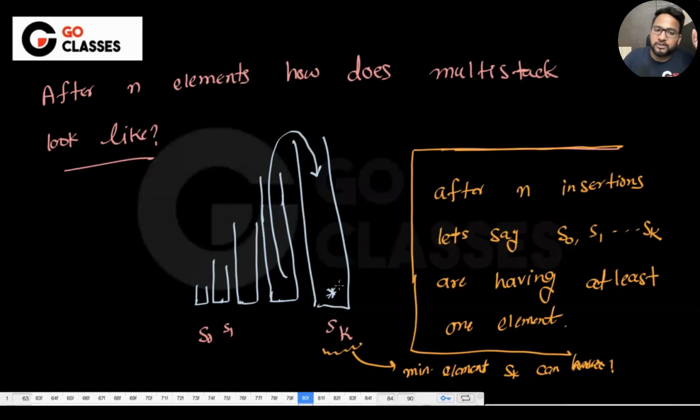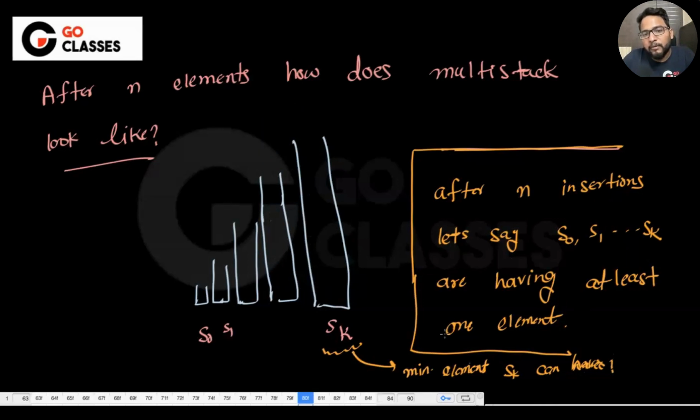So you must not have transferred this one element. So there is no chance that you can have just one element here. The only way you can have one element is if you transferred this element from here to here. But you cannot transfer just one element, because that's not what the algorithm, the procedure, says.